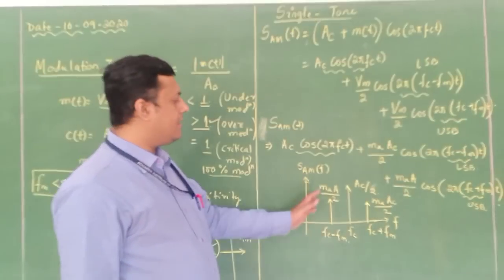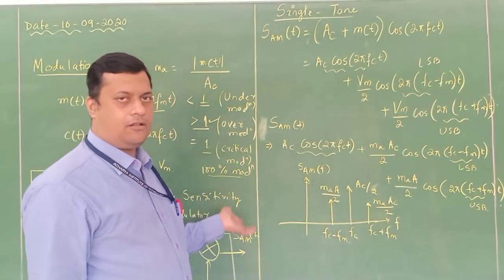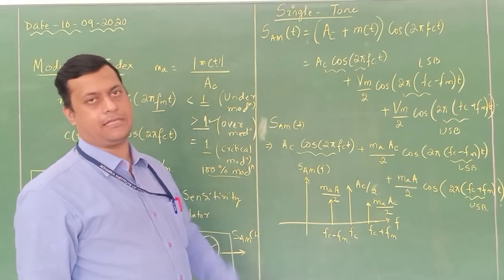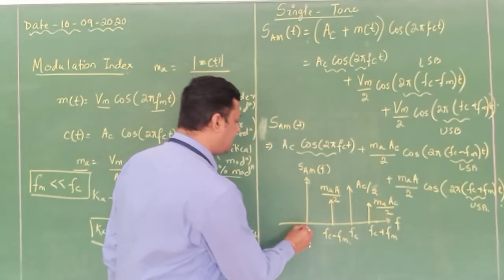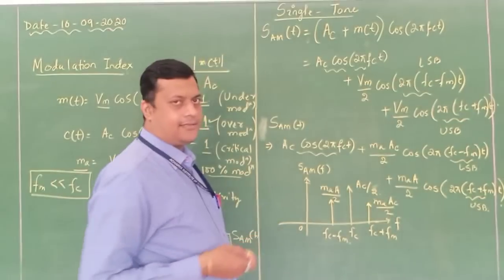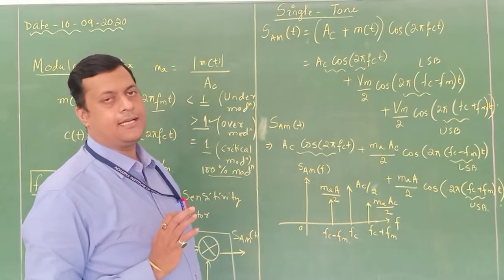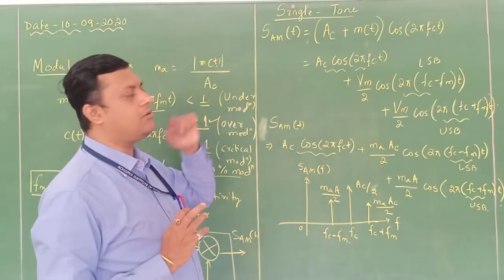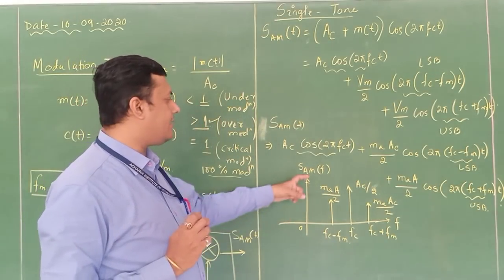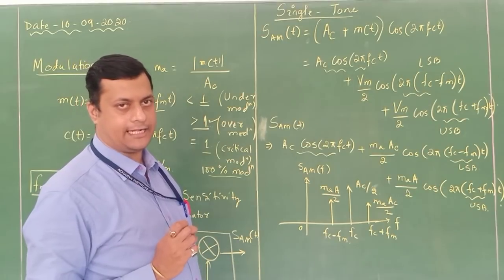So this is the right hand part. The left hand side can also be represented, that is the reflection part. But for the time being, I am discussing only the right hand side part. I am not discussing the mirror part. So this is the frequency translation for a single tone modulated signal in terms of modulation index.